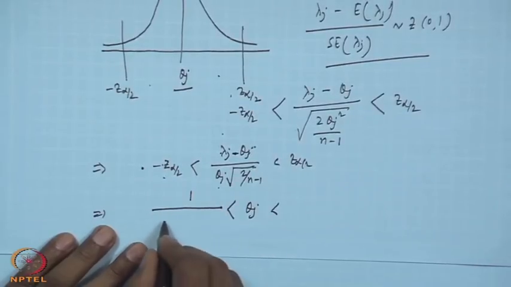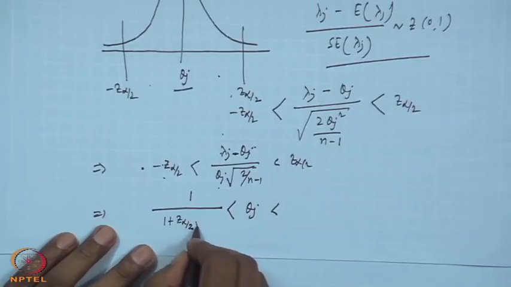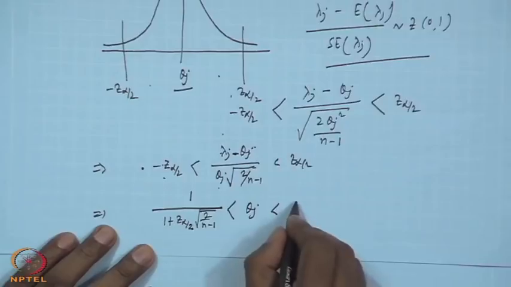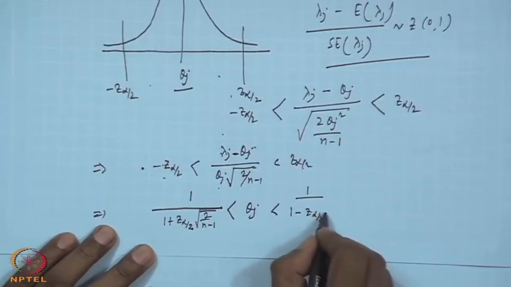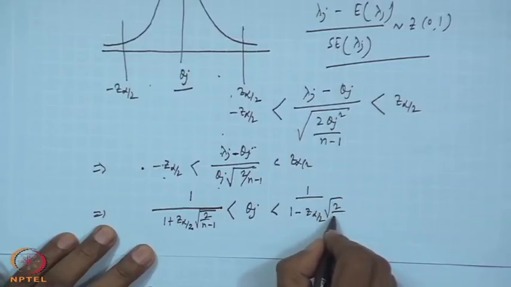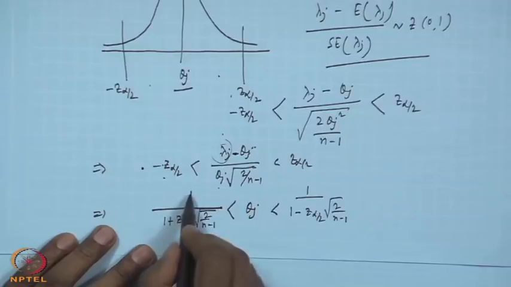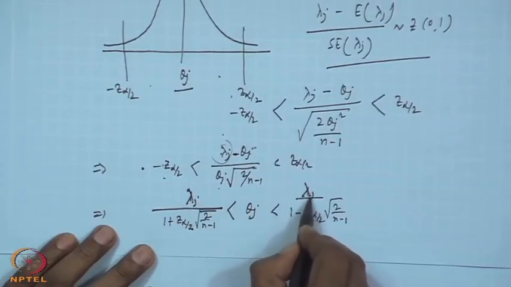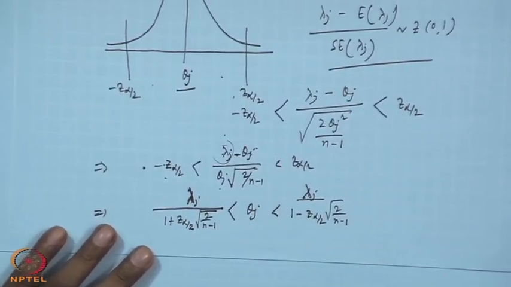The final form will be like this: 1 plus z alpha by 2 times root of 2 by n minus 1, then 1 by 1 minus z alpha by 2 times root of 2 by n minus 1, but we have this lambda j component. So, it will be lambda j, multiplied into lambda j, you can write.